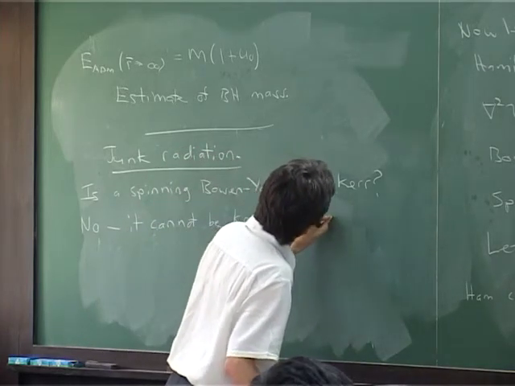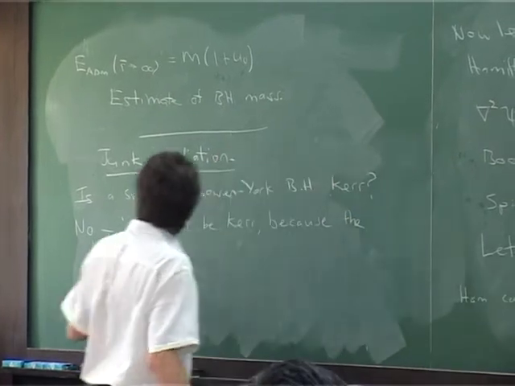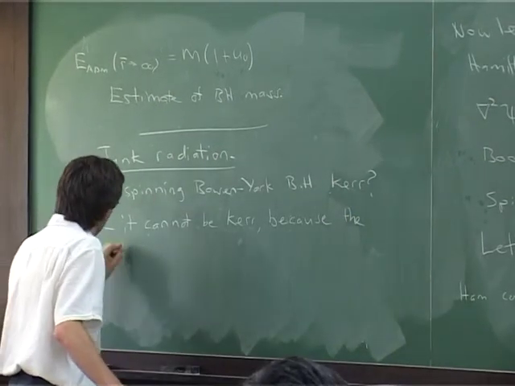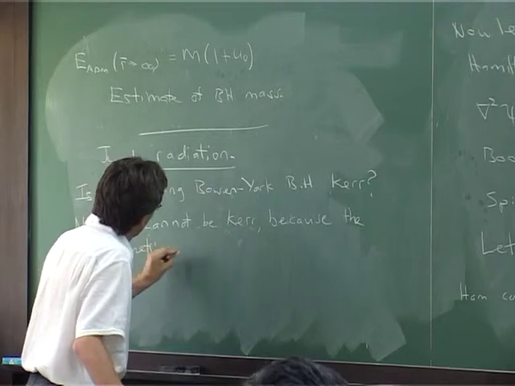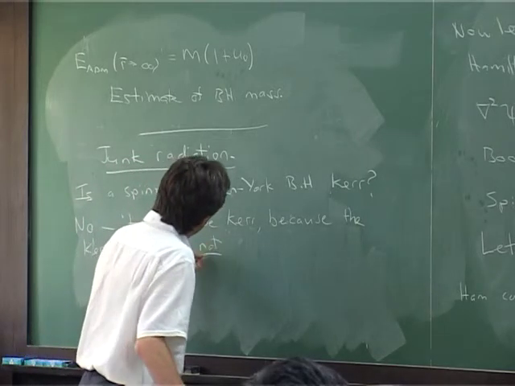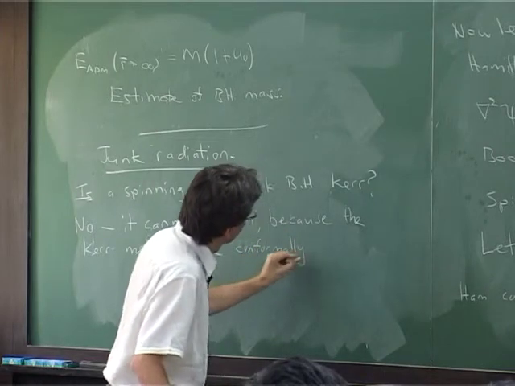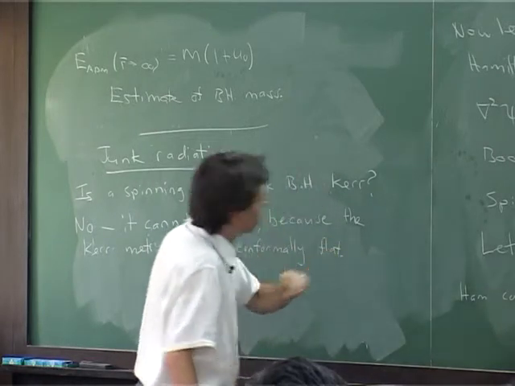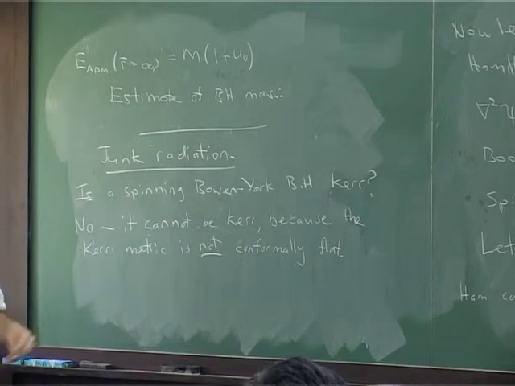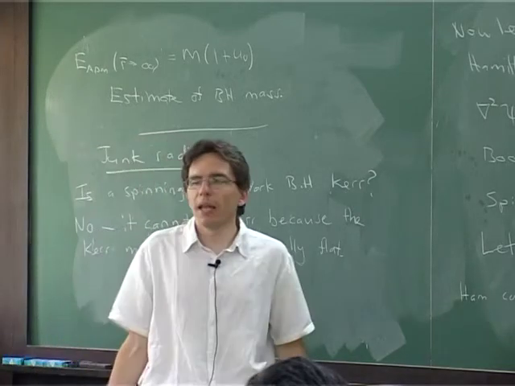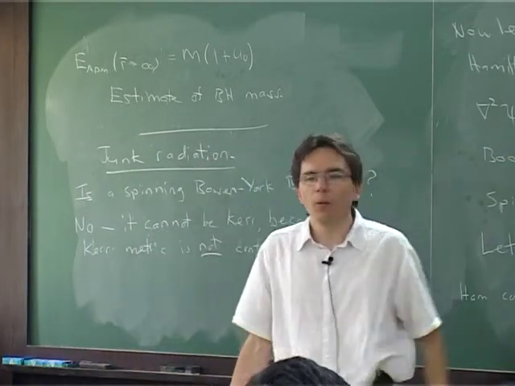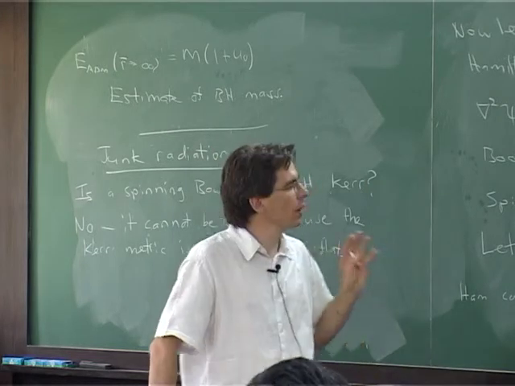because the Kerr metric is not conformally flat. The Schwarzschild metric was conformally flat, and we took that as our lead and produced these nice data, which are also conformally flat because this makes life very simple.